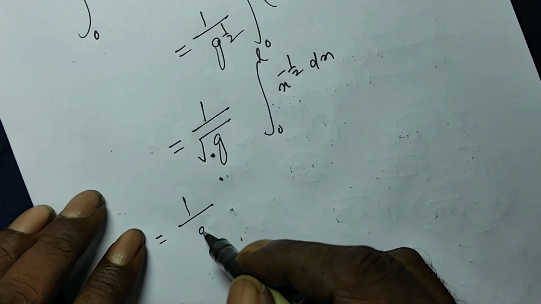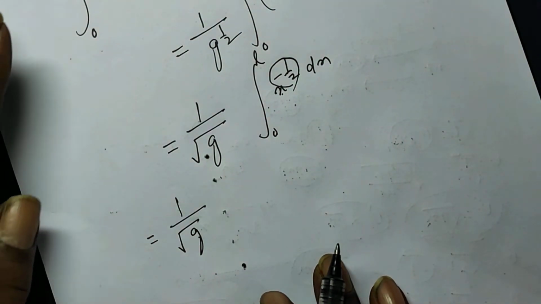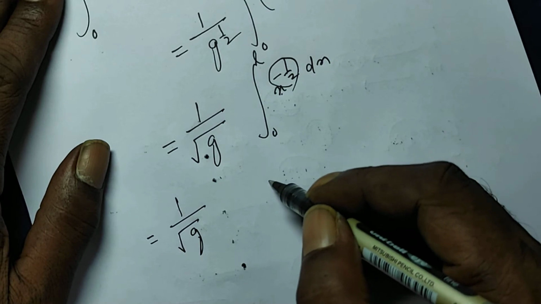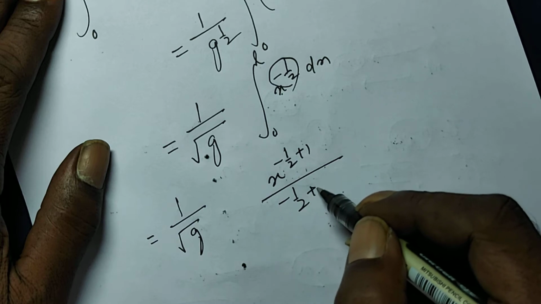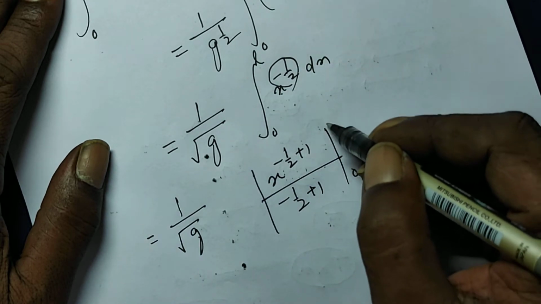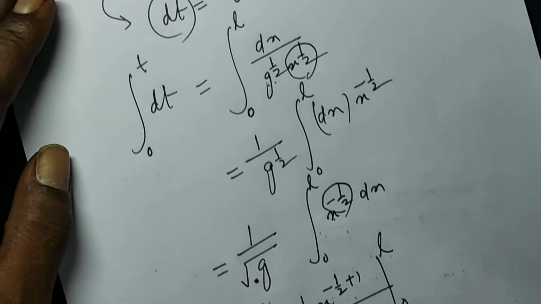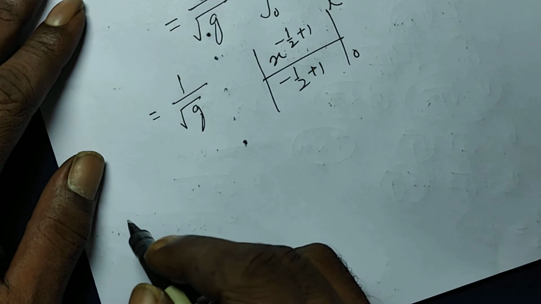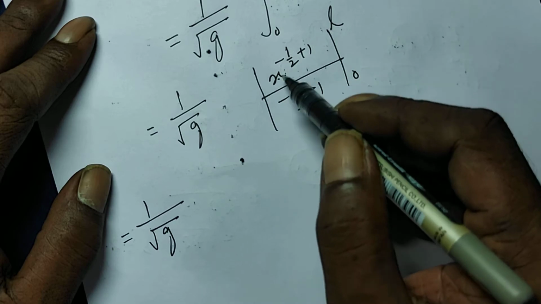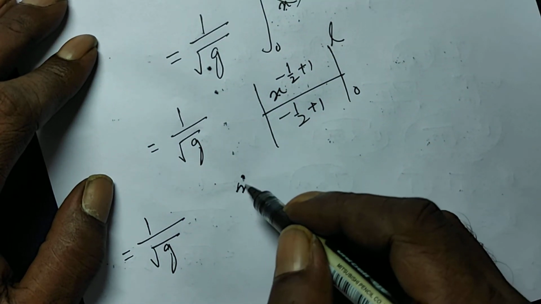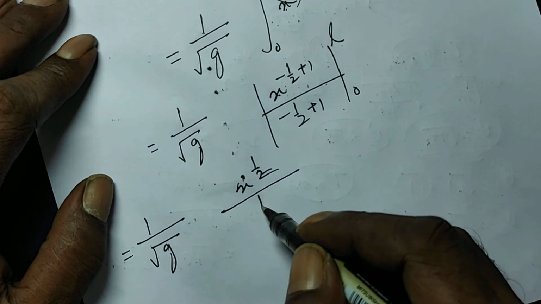And you know, in integration, its power will be increased by 1 and it will be divided by the same number. So the integration becomes x to the power minus 1 by 2 plus 1 over minus 1 by 2 plus 1, and its value from 0 to L. On simplification, this becomes x to the power 1 by 2 over 1 by 2.